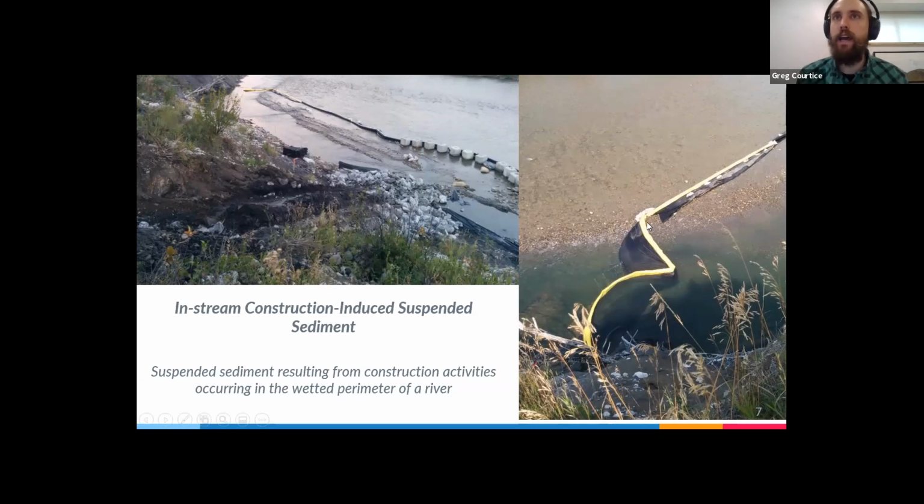What we find is that a lot of the times in heightened flows, it's challenging to get silt curtains to stay put, and they can build up with silt after a certain amount of time, and they're not a perfect solution.